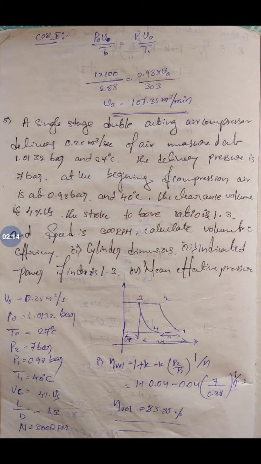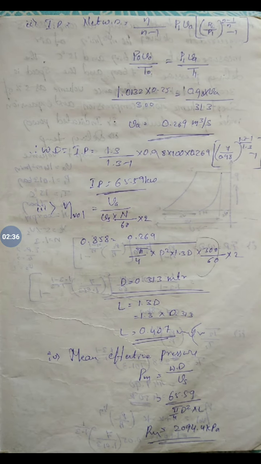Next he has asked to find out the cylinder dimensions. But before finding the cylinder dimensions, let us find out the third part, that is the indicated power. Indicated power is nothing but the work required to drive the compressor per cycle. For clearance volume, we know that the formula is N by N minus 1 P1 into VA in the bracket P2 by P1 to the power of N minus 1 by N minus 1. Since he has given the ambient condition and the suction condition, we have to first find out the actual volume of the air taken in.